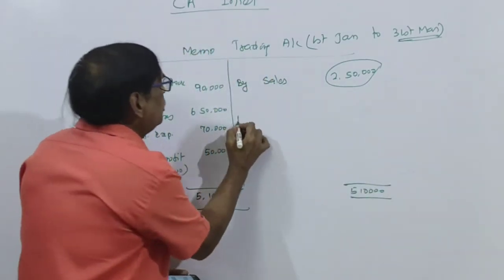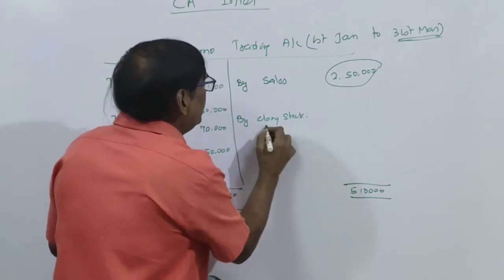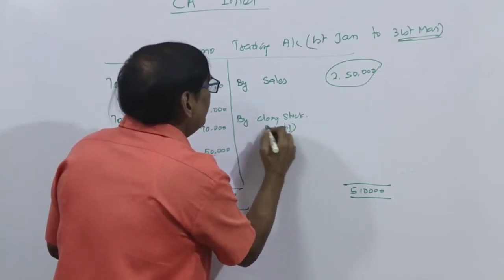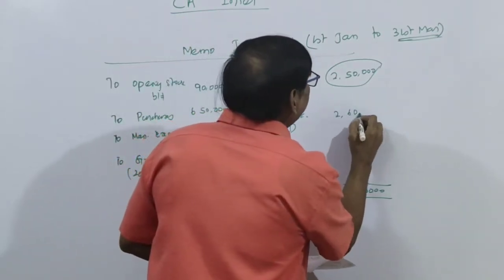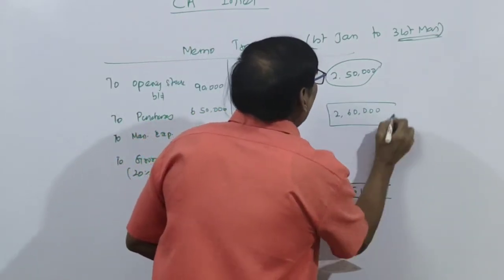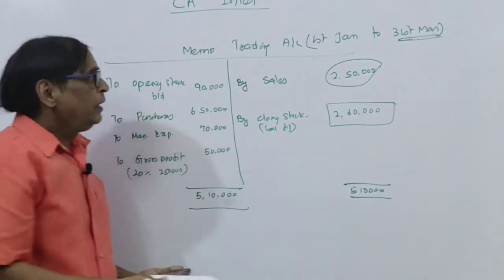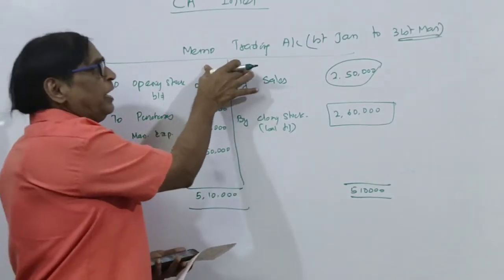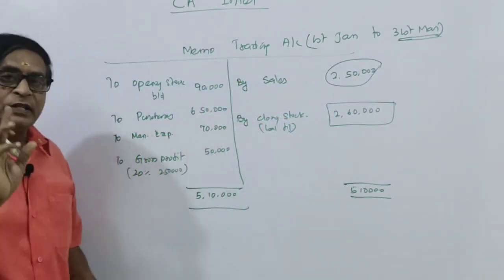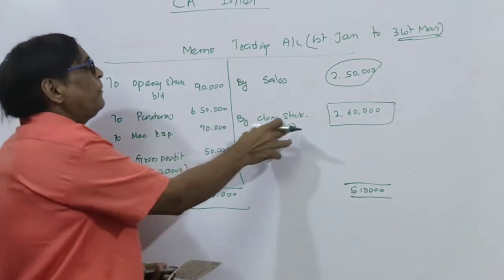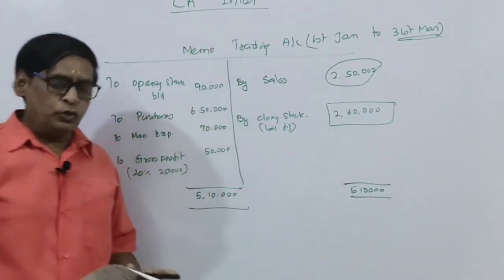The closing stock is a balancing figure, and it comes to 2,60,000 rupees. So this amount is the stock on the date of fire, meaning the previous day. We prepared the memorandum trading account from 1st January to 31st March, since the fire occurred on 1st April. So the stock would be 2,60,000 rupees.